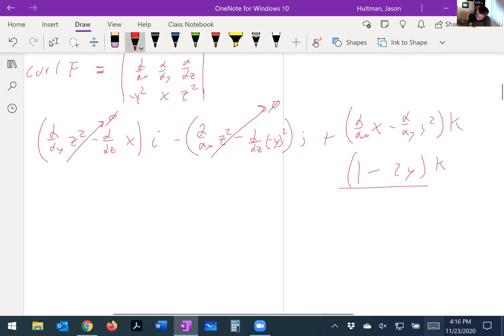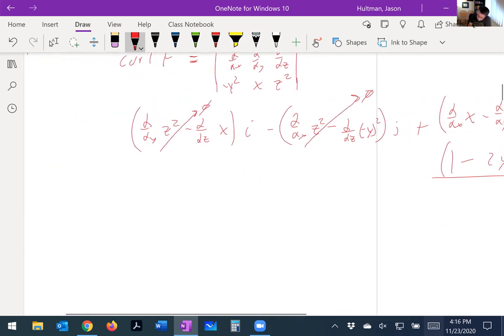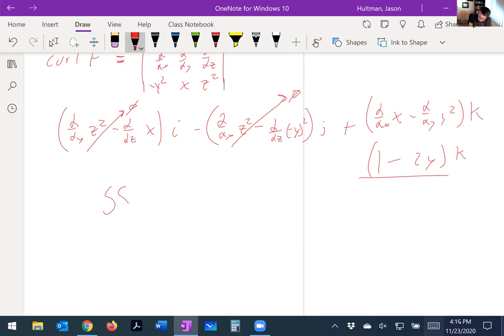We have the integral of the curl of F dot dS, where we found the curl of F to be 1 minus 2y. I was thinking if there's a simpler way to do this, but I guess not.